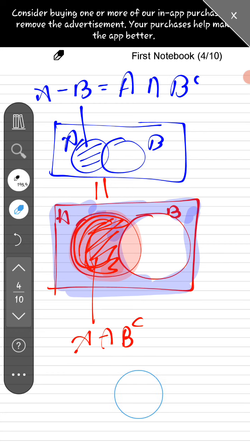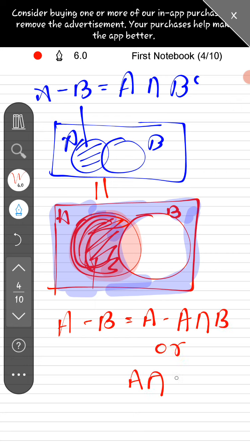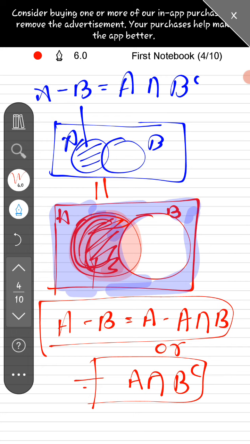So I will write this for you once again. What I said in whole: A minus B is equal to A minus A intersection B, or it can also be written as A intersection B complement. We have proved this, so this must be clear to you guys.